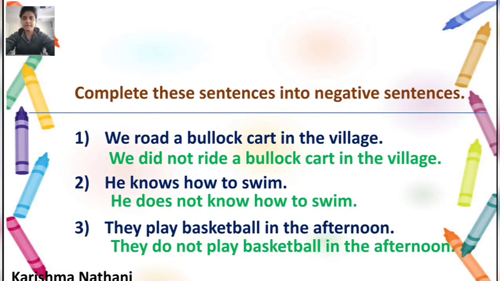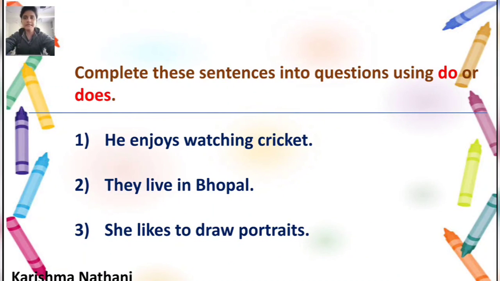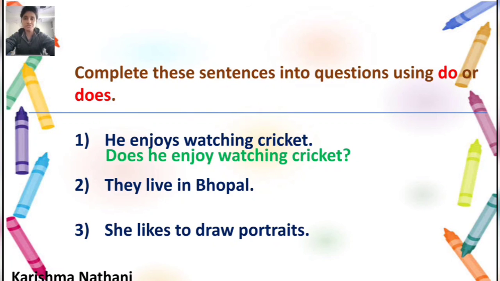Okay. Next is complete these sentences into questions using do or does. We have to use do or does to make these sentences into questioning sentences, because the sentences given are in simple present tense. He enjoys watching cricket. So answer is, does he enjoy watching cricket?